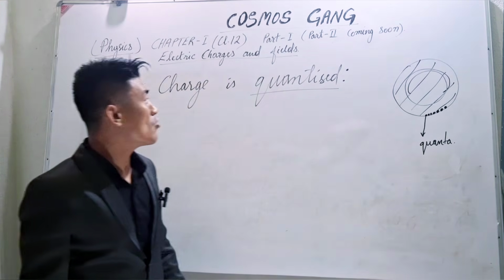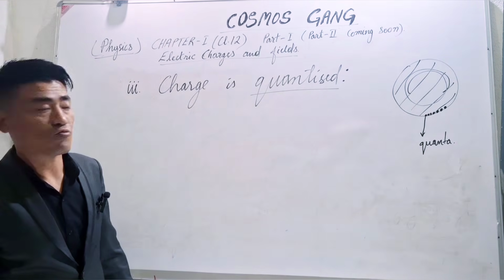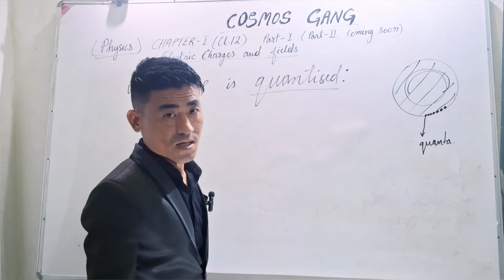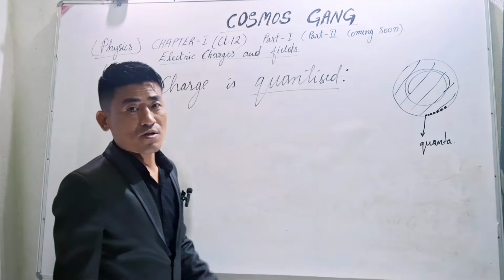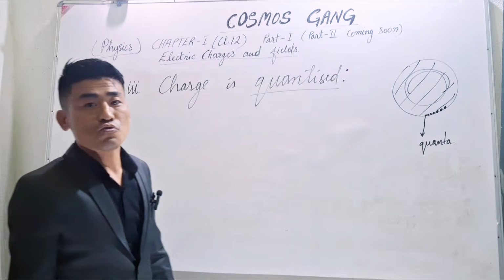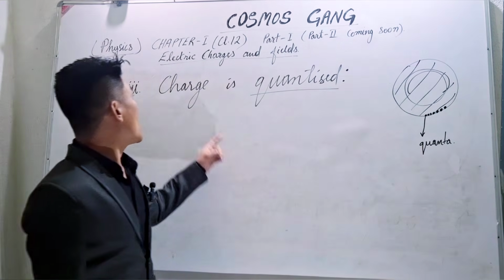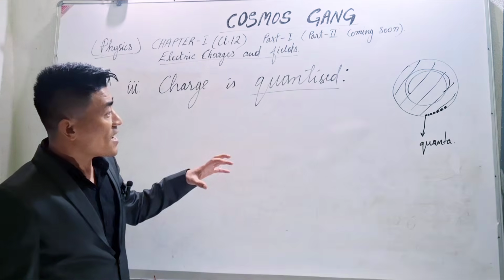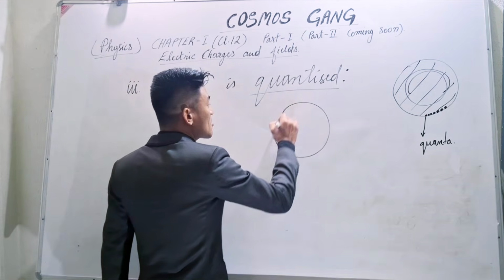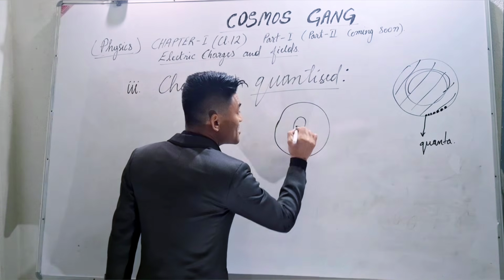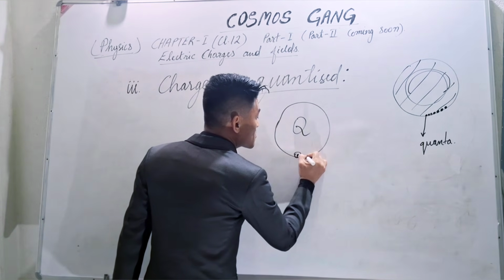So what is the smallest charge that is found in our substances or conductors? In general, we take the electron, which is negatively charged, to be the quanta of electric charge. So, as I take a very large charge here, I'll find that this charge is made up of electrons.